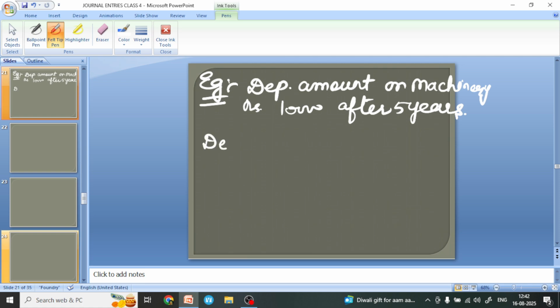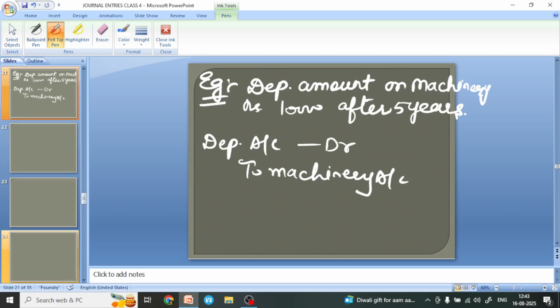The entry will be depreciation account debit to machinery, and the amount will be 10,000.